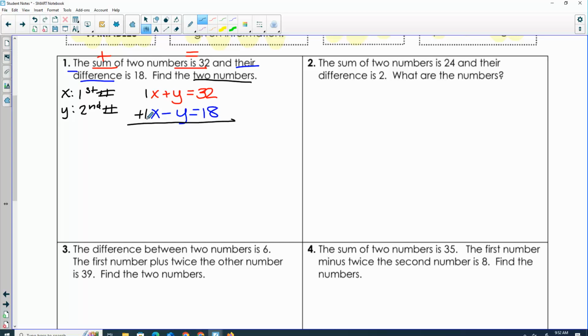1x plus 1x is 2x. 1y minus 1y, those are gone. 32 plus 18 is 50. So divide by 2, and x is 25.